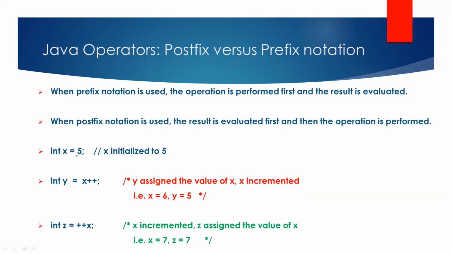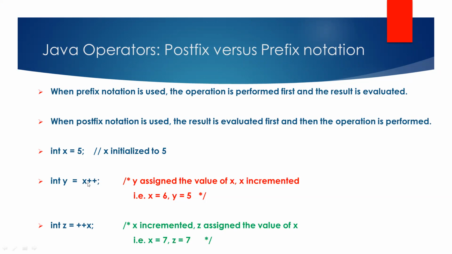For example, if we have int x is equal to 5, and if we write int y is equal to x plus plus, this is called postfix notation. In postfix notation, the result is evaluated first. So the result of this expression will be 5.